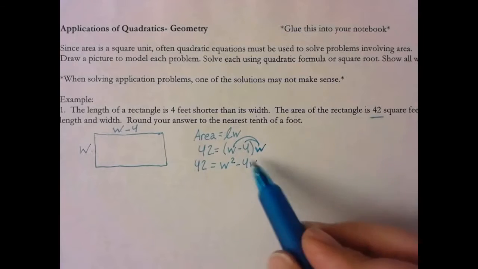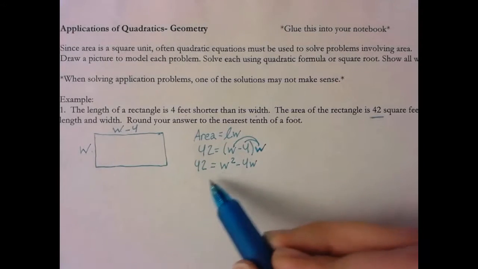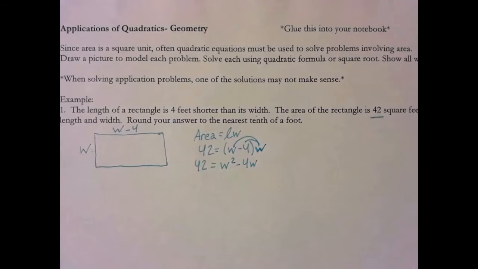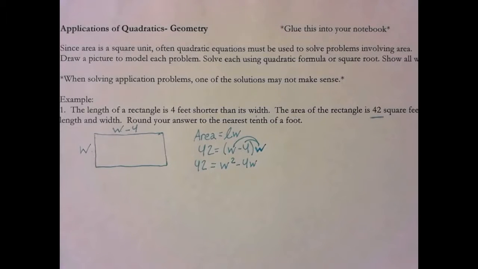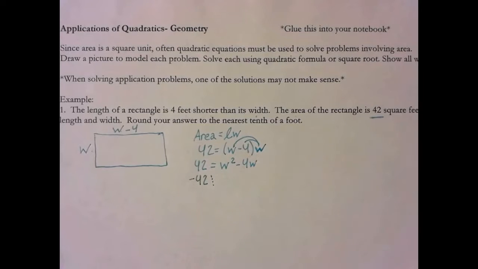Fabulous. Whenever we're doing anything with quadratics, it's really going to help us to put it in standard form. This is not quite standard, because standard has to equal 0. So ask yourself, what do you add or subtract from 42 to get 0? Well, I'd like to subtract 42. And whatever you do to one side of the equation, you have to do to the other. Do I subtract it from here, from here?